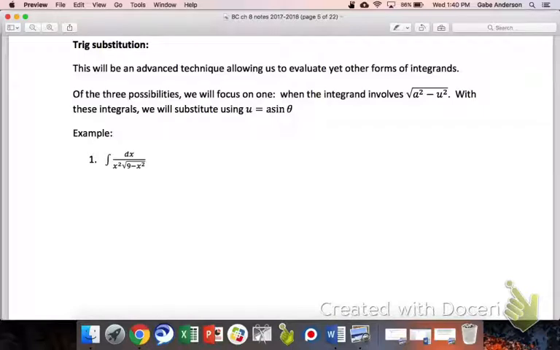When the integrand involves the square root of a squared minus u squared, which hopefully looks familiar because it goes with arc sine, then perhaps using u equals a sine theta will get us to a good place. These are challenging and will push your understanding of trigonometry and integrals, but it'll all work out. We've got a good question there, but that's what we're going to use.